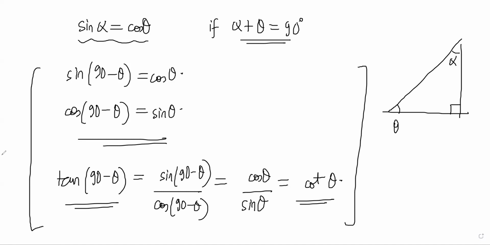Now what we want to do in 11th grade and the basics of trigonometry, what we want to learn is not just angles less than 90 degrees. We want to expand our knowledge of trigonometry to more angles. Okay.